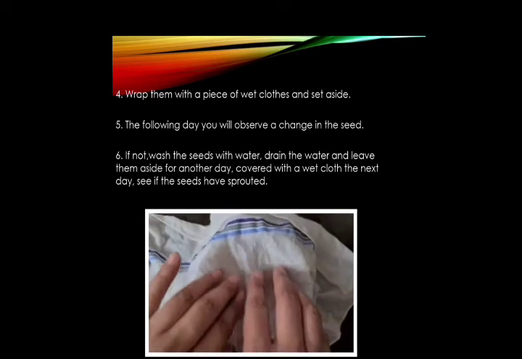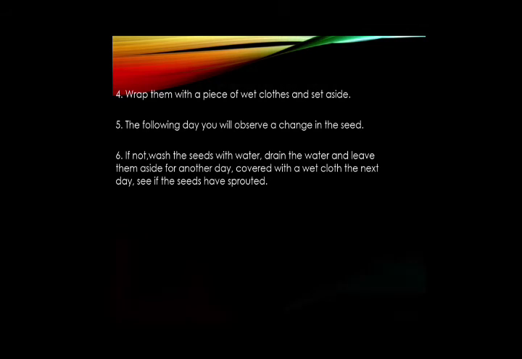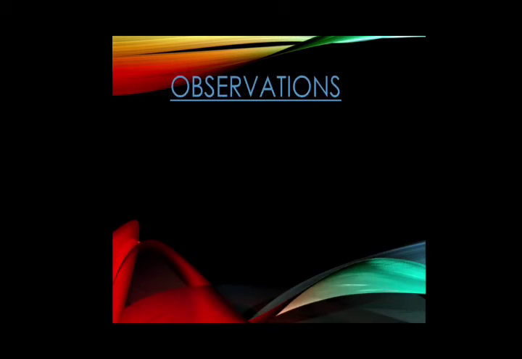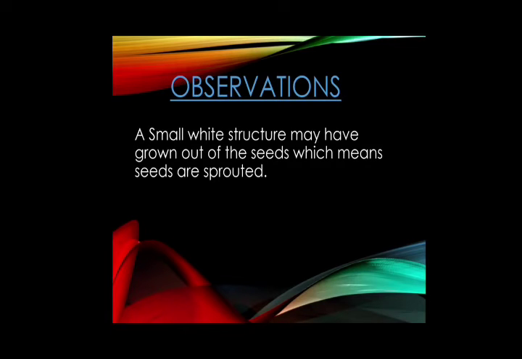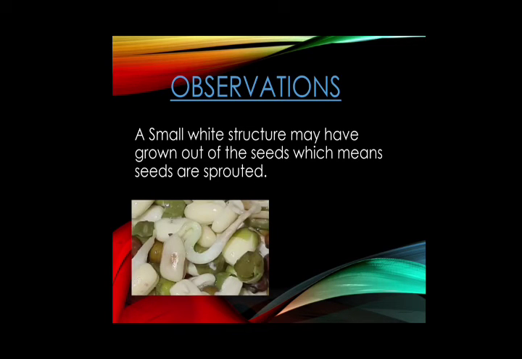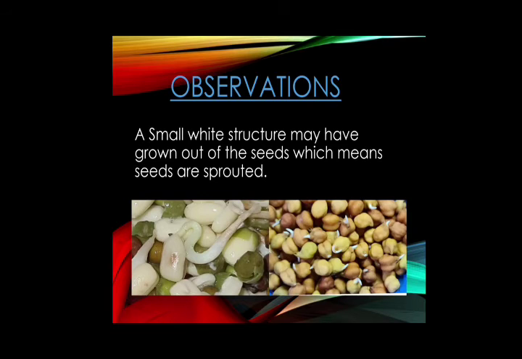What is your observation the next day? You can see a small white structure has grown out of the seeds, which means the seeds have sprouted. Look here, these are the sprouted seeds. The moong and chana both may be sprouted when you observe the next day.